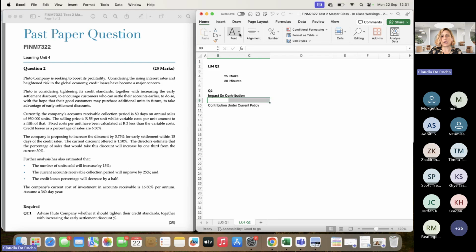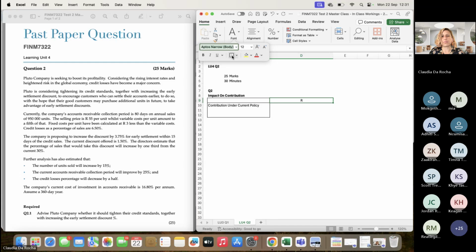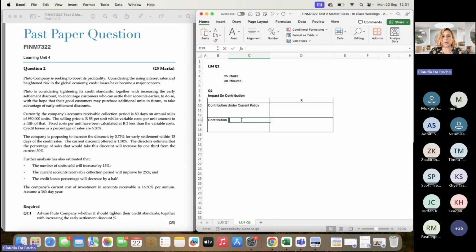It's up to you, you don't have to. We're then going to afterwards compare that to the contribution under the proposed policy.